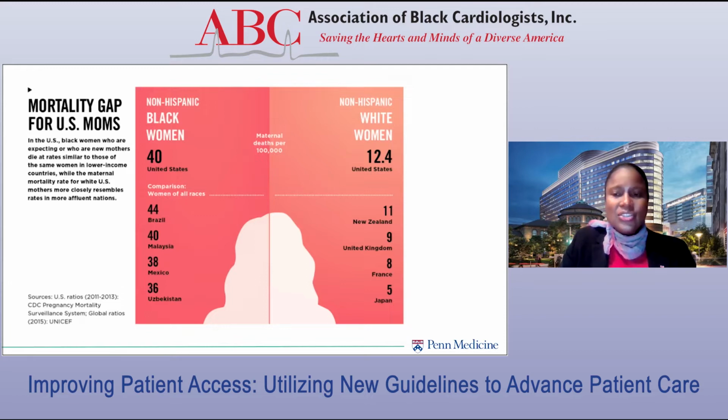This is quite striking and very disturbing, because within the same country, because of race and all the other associated things that go with race, you could have women who literally look as though they are living in different countries based on their outcomes.